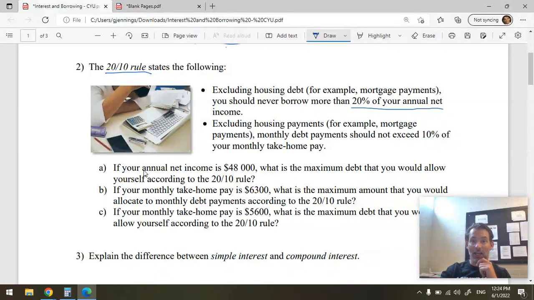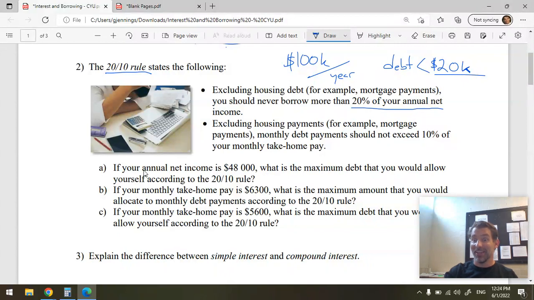Well, if I'm making $100,000 per year, K means thousand, so $100K per year, my debt that I maybe take on for renovations or to buy a car or something like that should be less than 20K. 20% of 100 is 20K. So I shouldn't be going into debt for much more than that, or else I might start to be strained by my debt. It's hard to buy that Tesla then, isn't it? You need to make a lot of money to buy that $200,000 Tesla. My goodness.